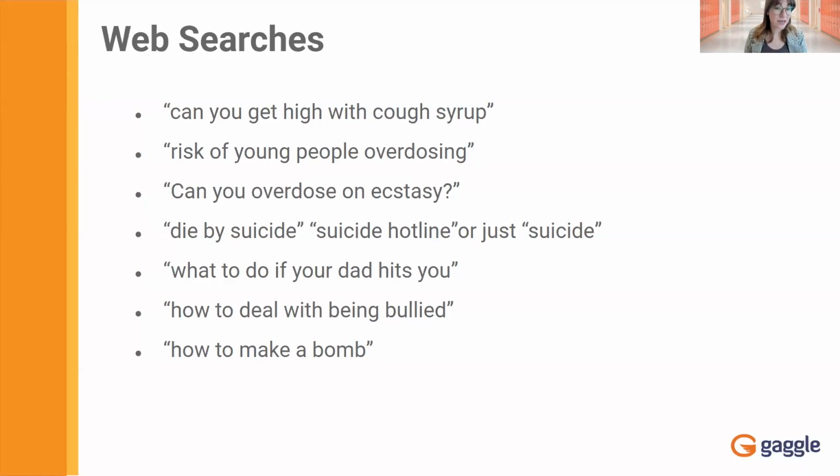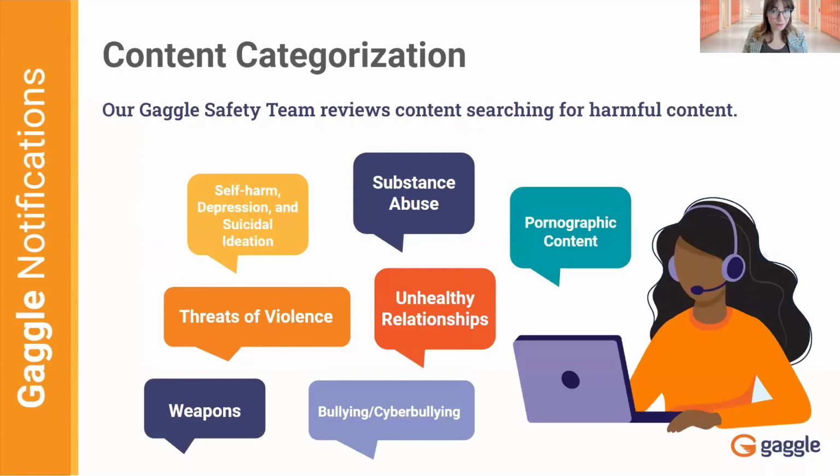What to do if your dad hits you? How to deal with being bullied? How to make a bomb? This is really serious, urgent searches that our team will look at and categorize and make sure that they look at the context around it before they decide how to alert you to it.